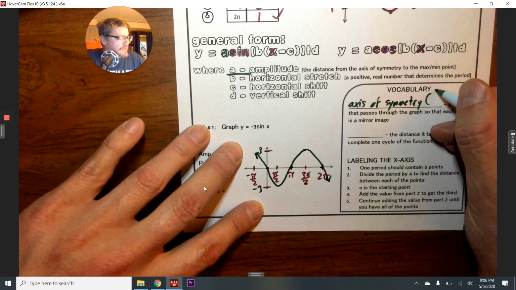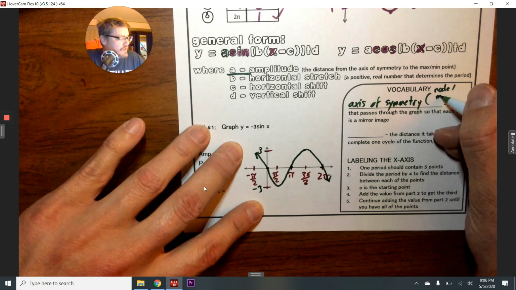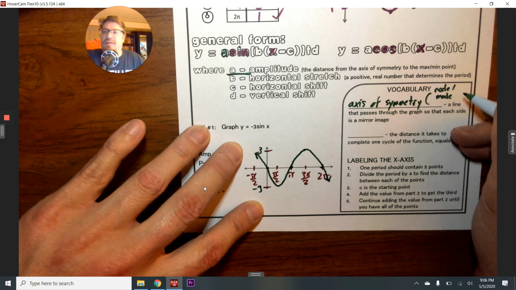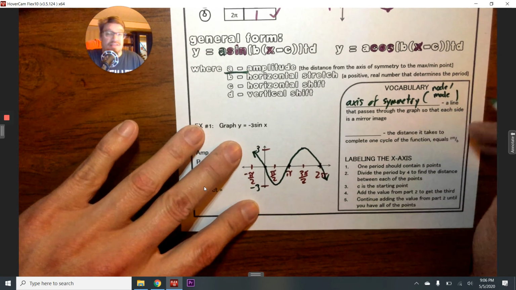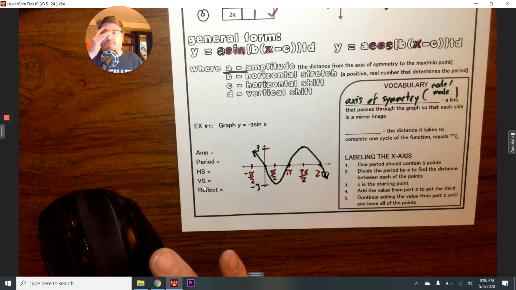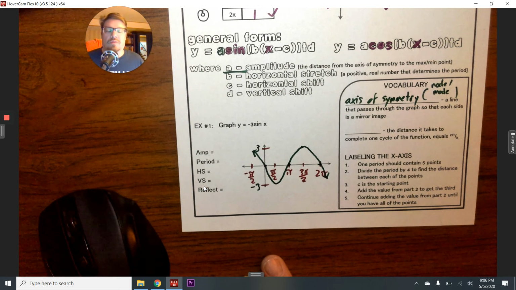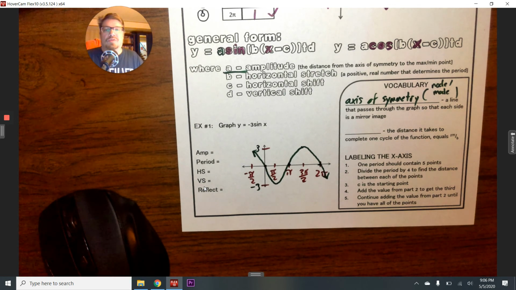Let's call it the node/mode because I forgot. I think it's the node. All right. And it just means the average. It's kind of like the 0 point. So we'll put that, and I'll Google that, or you can Google it right now. I'm pretty sure it's the node. But the axis is basically where things can reflect. It's normally the x-axis.